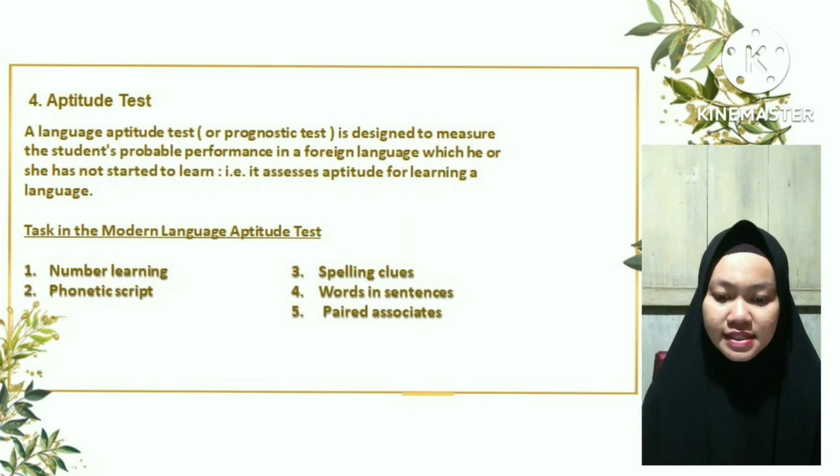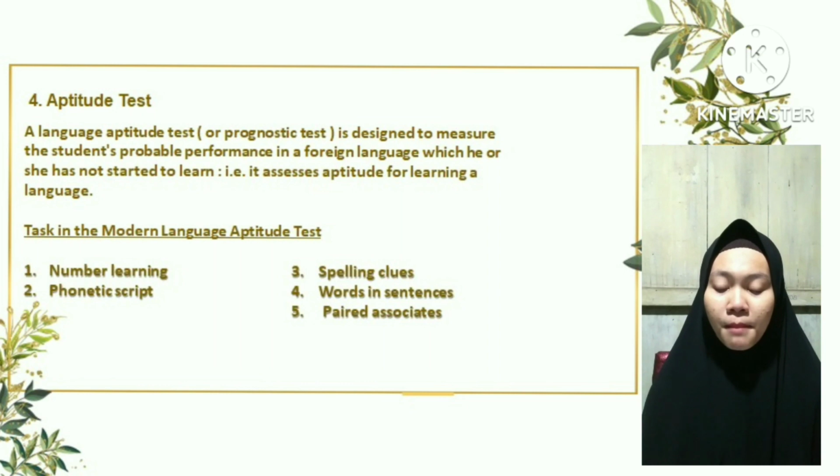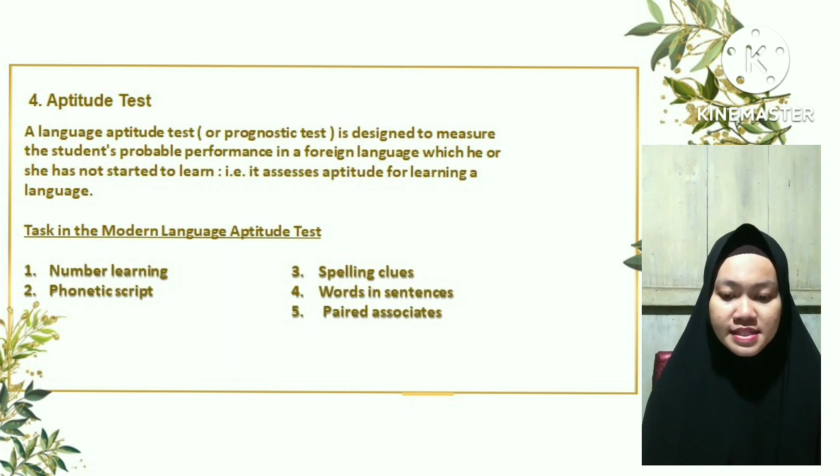First, number learning. Examiners must learn a set of numbers through oral input and then discriminate different combinations of those numbers. Second, phonetic script. Examiners must learn a set of correspondences between speech sounds and phonetic symbols.